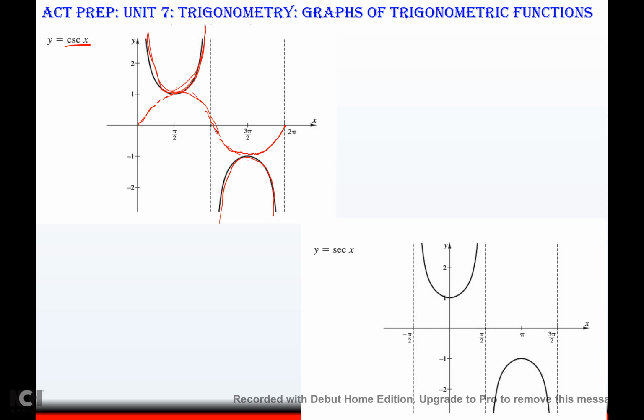Okay? Your secant is reciprocal to cosine. So if you remember cosine, see how this is shifted over to pi over 2? So this would be the 0, okay? So cosine would have started up here at 1, and it would have come down. Secant is reciprocal to cosine.